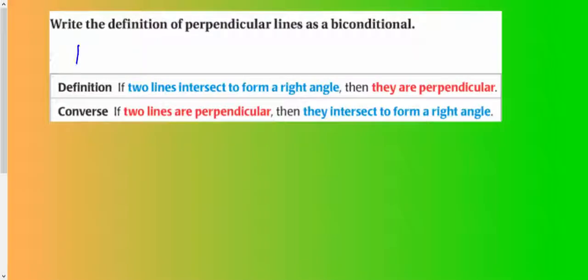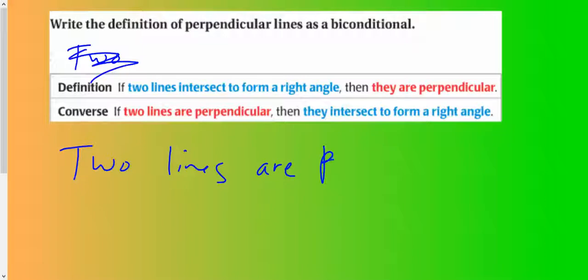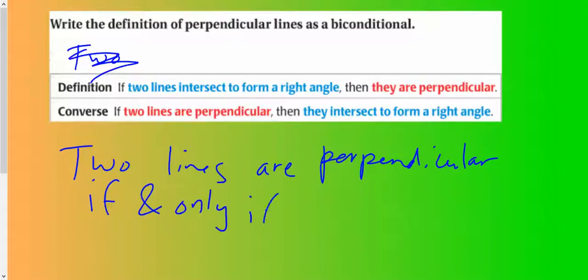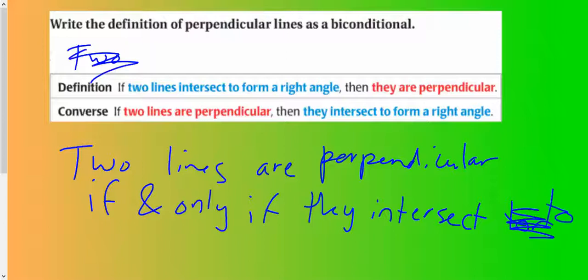Two lines are perpendicular if and only if they intersect to form a right angle.